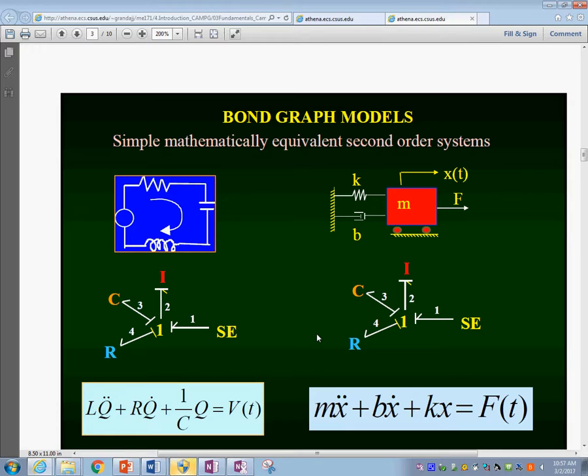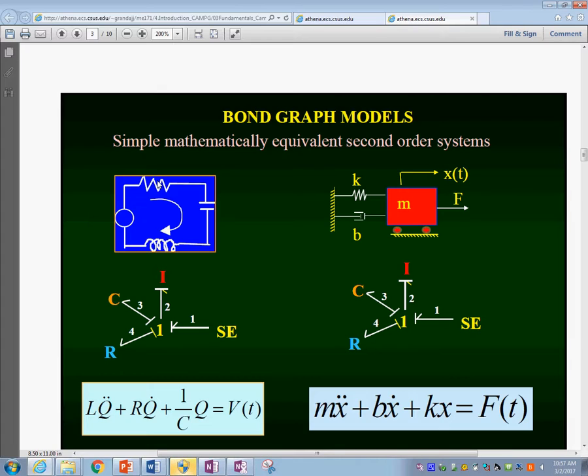Now, what CAMG does is it has the ability to help you enter these bond graph models into the computer. This bond graph model represents each one of the elements over here. Like this I element represents this inductor, the C element represents this capacitor, the R element represents the resistor.